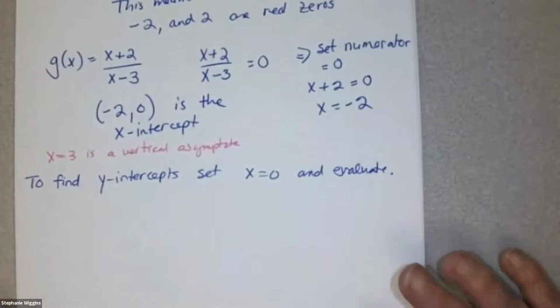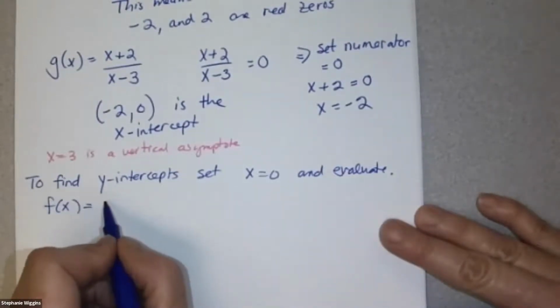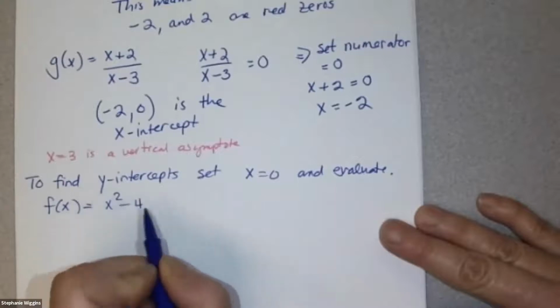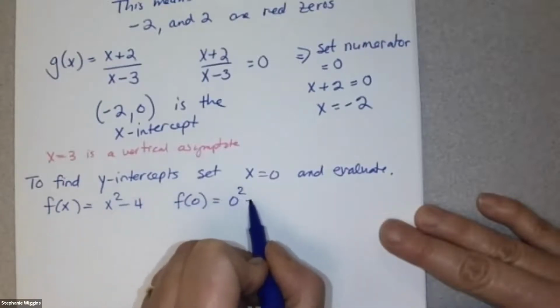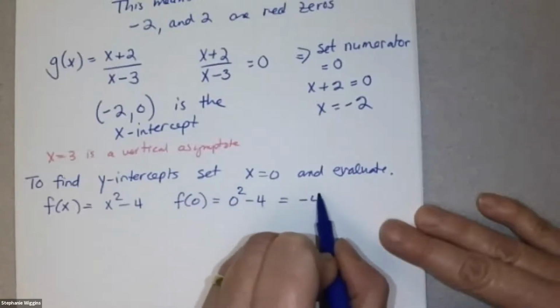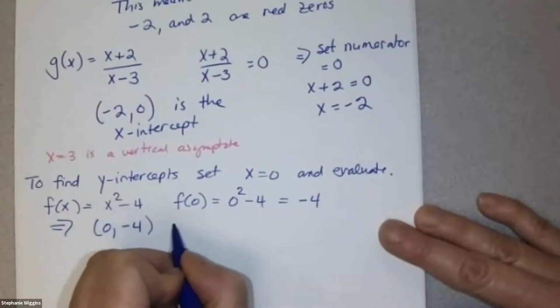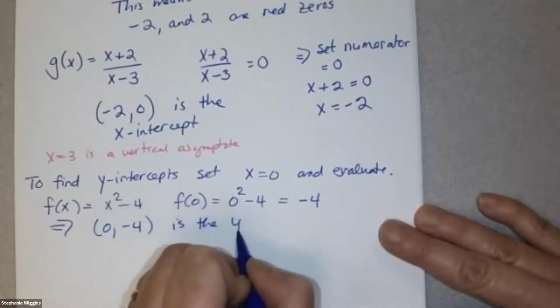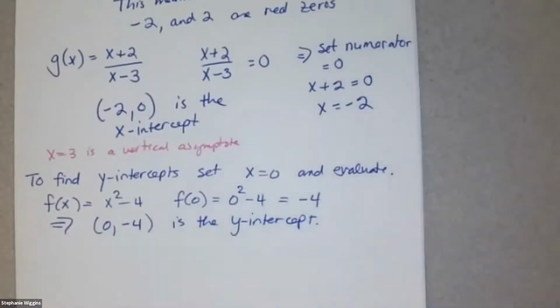So in other words, if you have f of x equal to x squared minus 4, f of 0 equals 0 squared minus 4, which is -4, which means that (0, -4) is the y-intercept. And because it's a function, there's always only one y-intercept. You can have many x-intercepts, but you can only have one y-intercept.